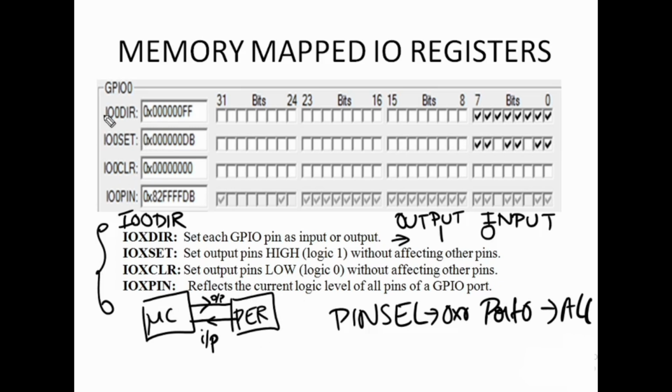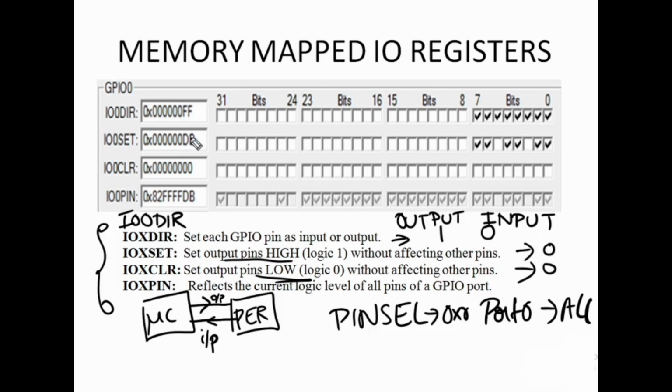So the next thing I notice here is IO0SET and IO0CLR. If you want to set the output pins as high, then you will be using IOxSET, that is IO0SET or IO1SET. While if you want to clear the output, that is, set output pins as low, you will be using the IOxCLR register. One thing you should know in both cases: if you write a value 0 in any bit position, that is not going to affect the output.